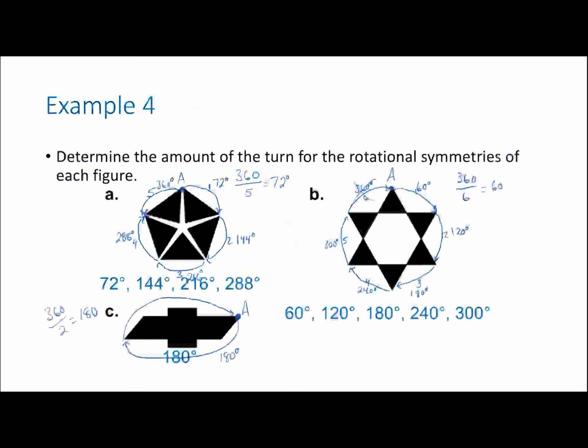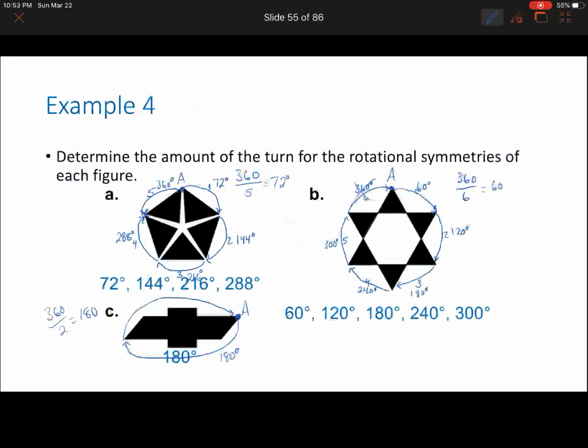And so if you look at these last 3 that we did, the first one does not have point symmetry, because if you were to take that figure and rotate it 180 degrees, that would take point A and put it here.